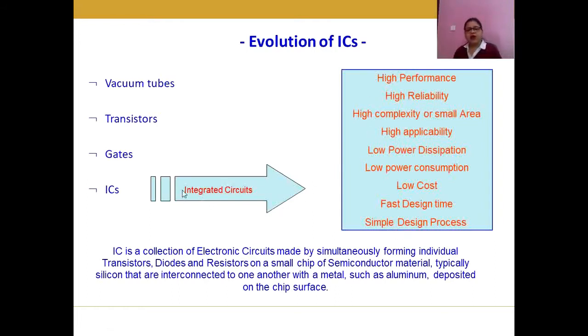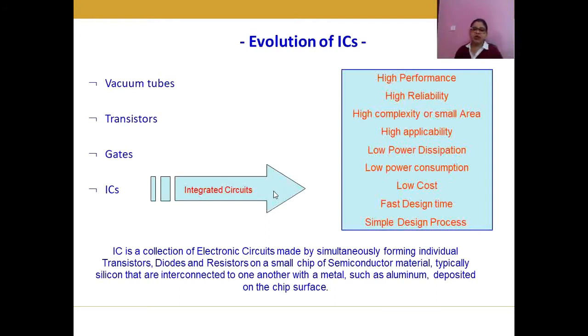Like if we are working on the ICs, if we are integrating a system on a single chip, then it will give high performance, high reliability, small area, high applicability, low power consumption and power dissipation, and cost reduces, which is a very big factor from the customer side. Then fast design time. The time to design the circuit, to design the system, is also less in the case of an integrated circuit.